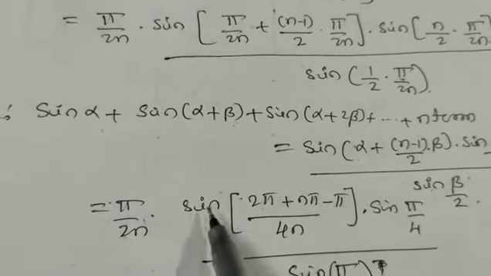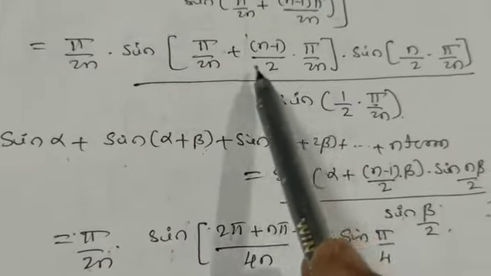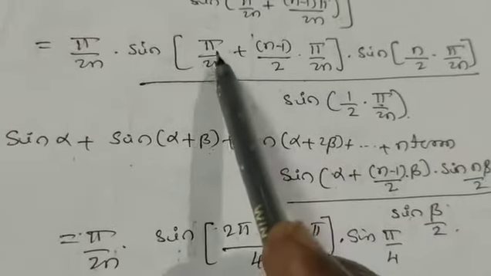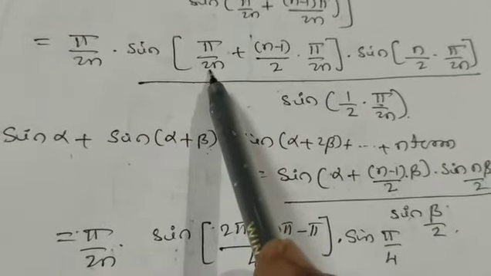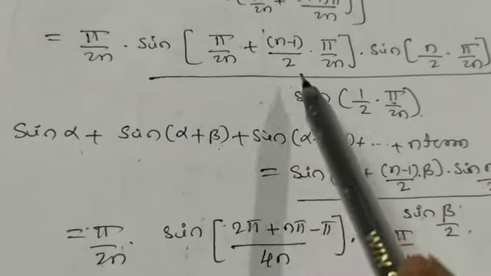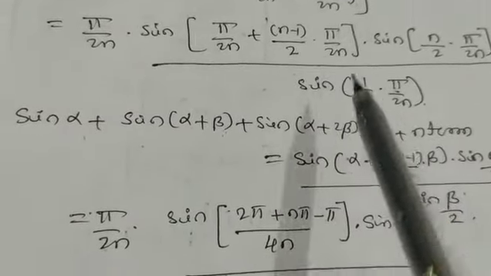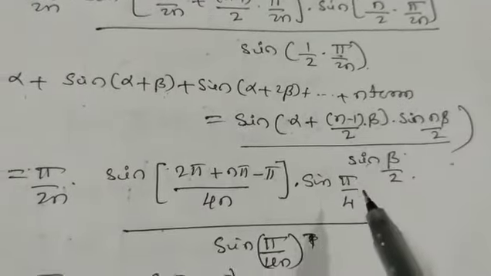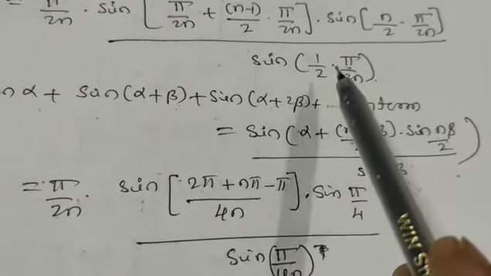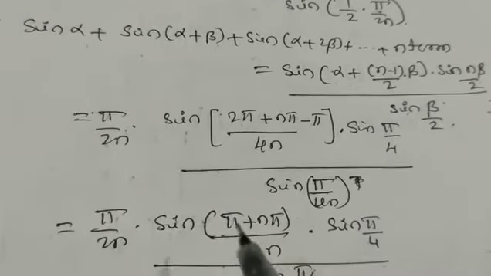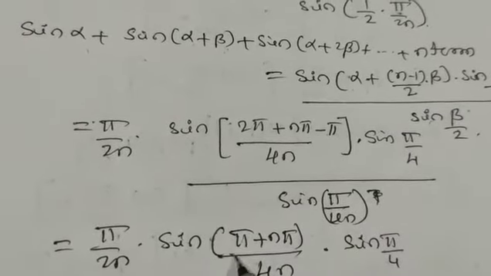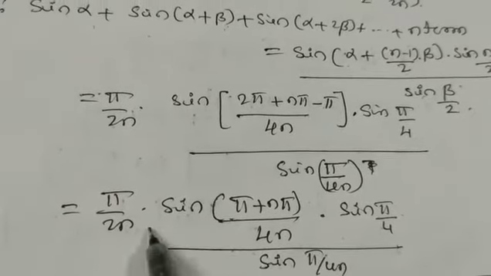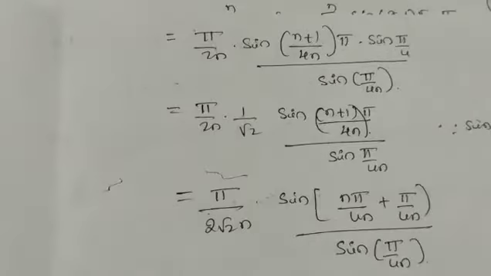Pi by 2n as it is, sin, open this bracket, take LCM as 4n, and its denominator here is 2n, so multiply it with 2 pi plus, open this bracket, n pi minus pi. Here into sin, the n gets cancelled, it is pi by 4, and the denominator is sin pi by 4n as it is. Here 2 pi minus pi is pi, so sin of (pi plus n pi) divided by 4n, into sin pi by 4, denominator as it is, and this pi by 2n is also as it is.